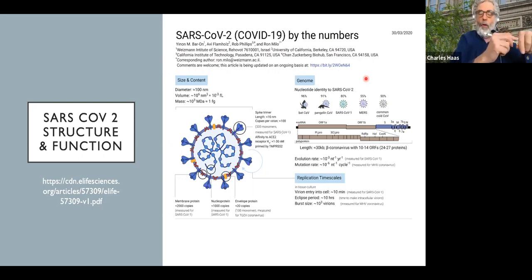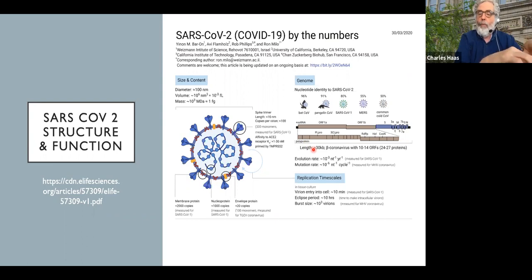Fairly small length in terms of viral nucleic acids, 30,000 bases. So 30,000 nucleotides in the RNA. And that encodes for about 24 to 27 proteins.